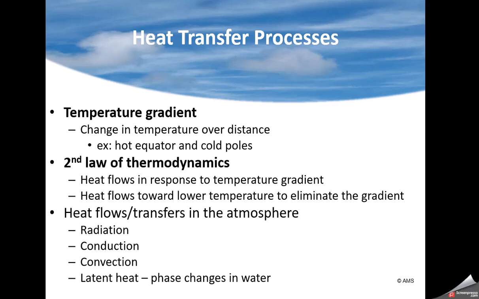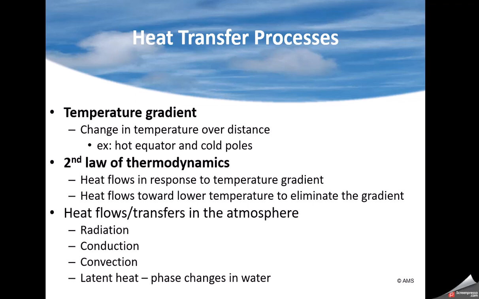So this is basically just a change in temperature over a distance. So the faster the temperature changes over a distance, the stronger the temperature gradient. Let me repeat that. The faster the temperature changes over a distance, the higher the temperature gradient.